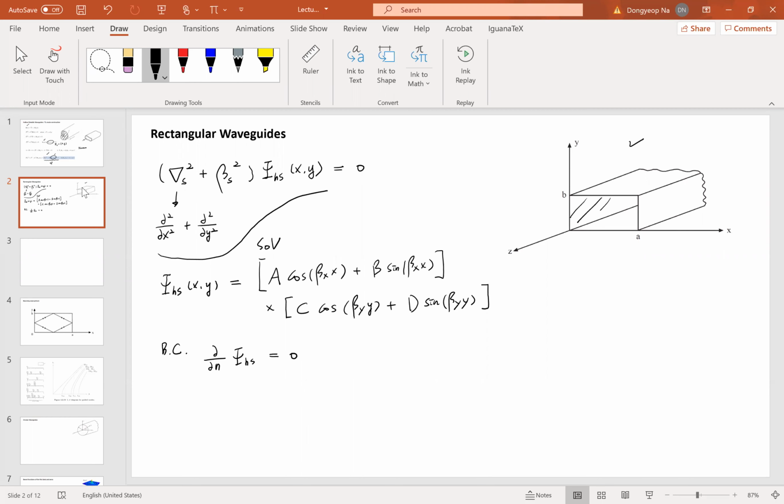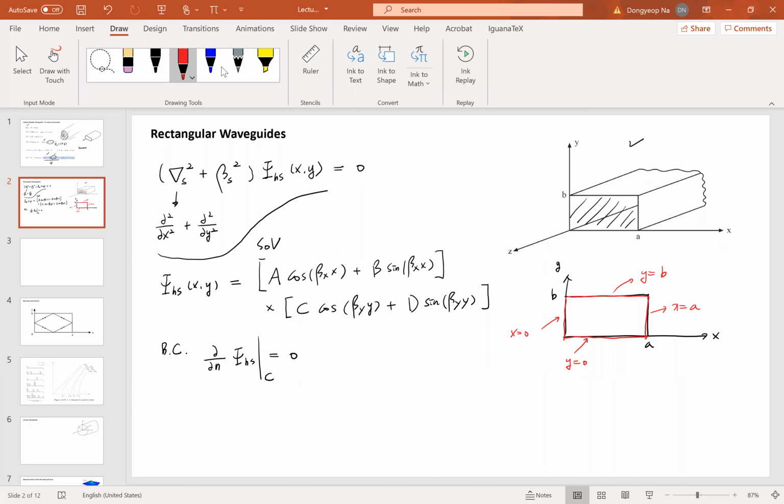So if we draw this transverse plane, with x, y, a, b, the boundary is going to be these metallic walls. This is where y equals 0, this is x equals 0, and this is x equals a, y equals b.